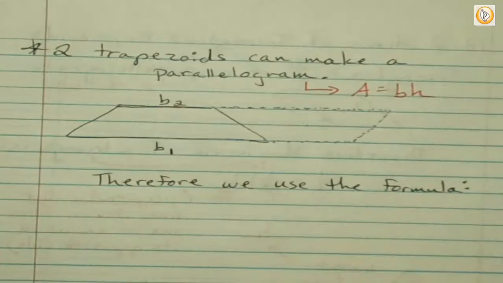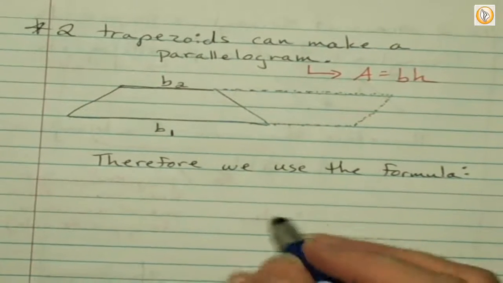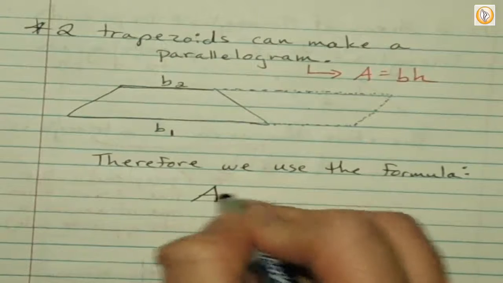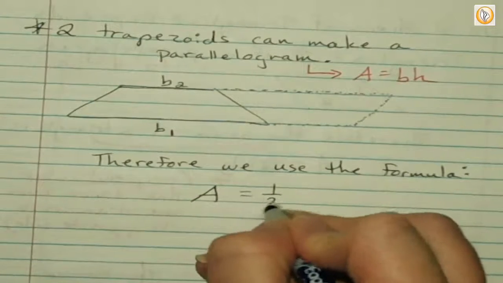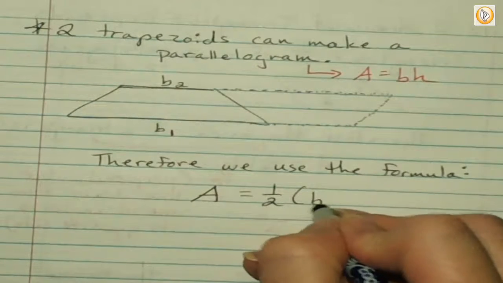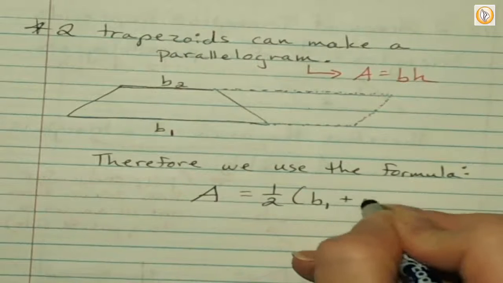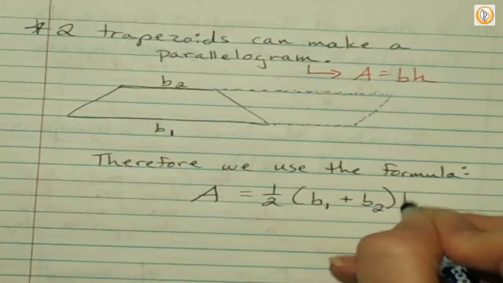Half, it's going to be similar to a triangle, but watch this. It's A equals 1/2 times B1 plus B2 times height.